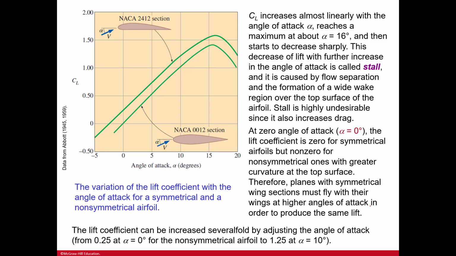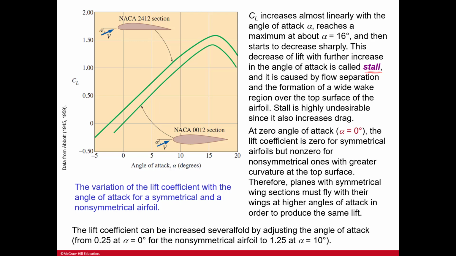So here's a variation of lift coefficient with the angle of attack for a symmetrical and non-symmetrical airfoil, respectively. So it increases almost linearly with the angle of attack, reaches a maximum, and then starts to decrease sharply. And that decrease of lift with further increase of the angle of attack is called a stall.